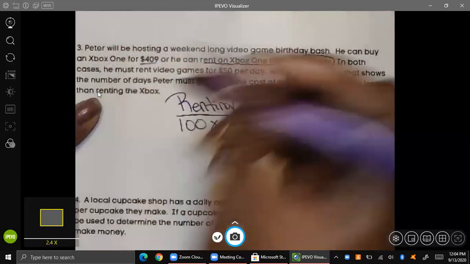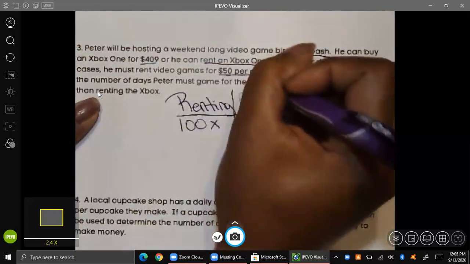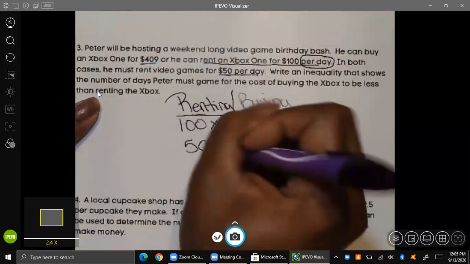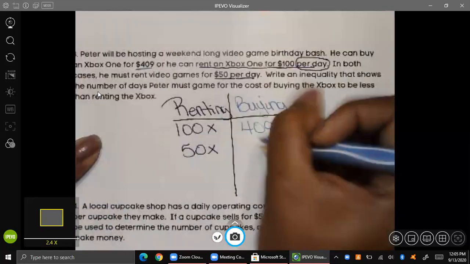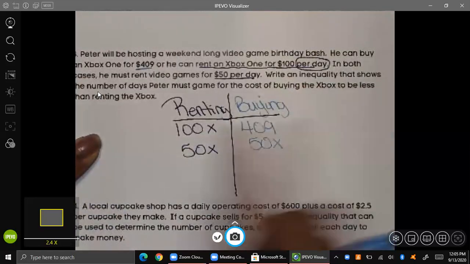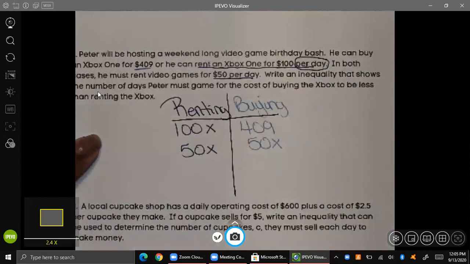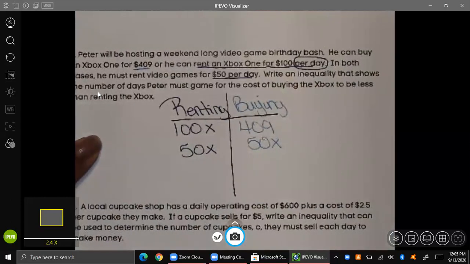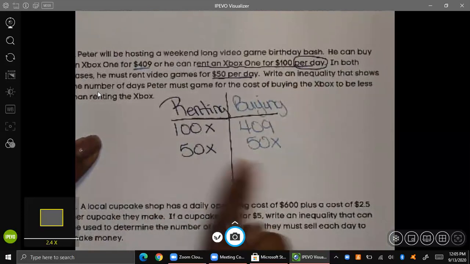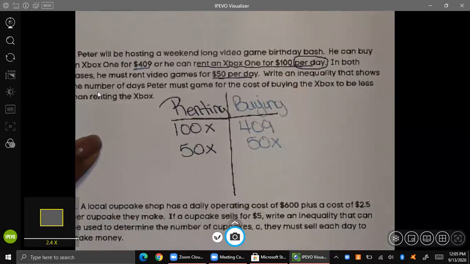So renting is $50 per day for both. So 50x and 50x, because both of them he needs video games. He has the video games that he wants to play, but for all of his other friends to play on different systems, he needs to rent all those other games. So that's why whether he rents or buys, he still needs to get the video games.